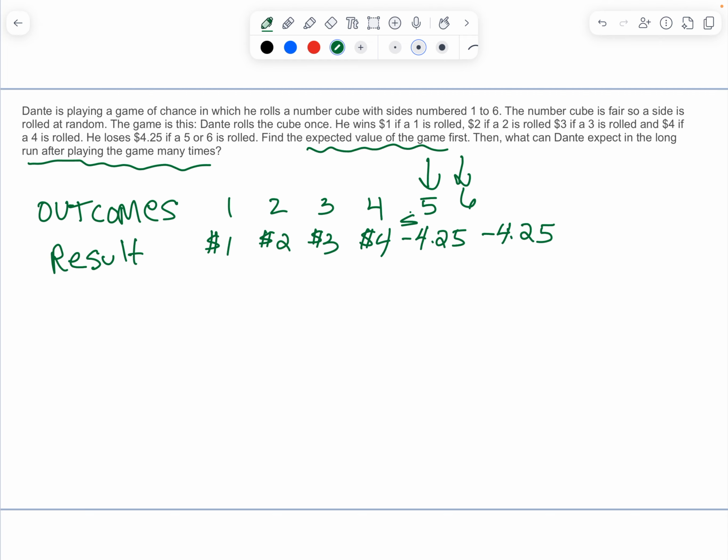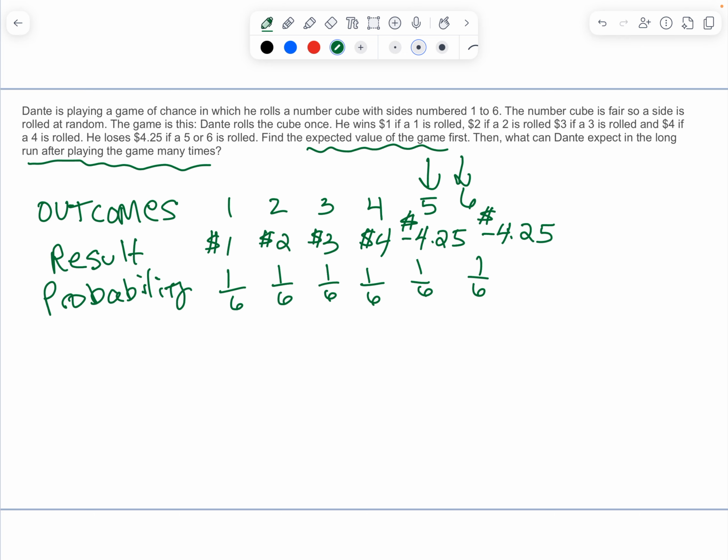So you want to roll low numbers. Okay, now the probability. If you're rolling a number cube, you know that at any given roll, it's a 1/6 chance of getting a 1, a 1/6 chance of getting a 2, 3, and so forth.